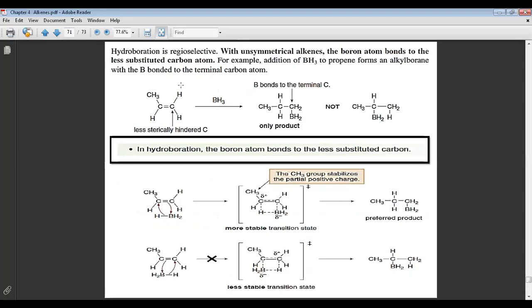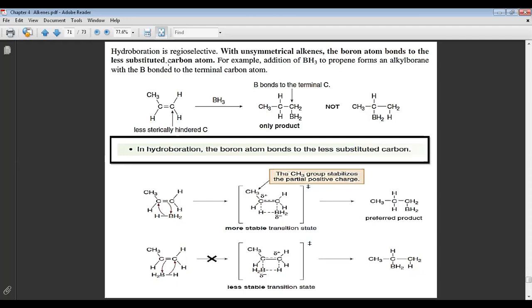And now the next point: the hydroboration is regioselective. What does regioselective mean? It is like the hydration of the alkene, which gives you just one product according to the Markovnikov rule. Regioselectivity means there is a selectivity for the reaction.